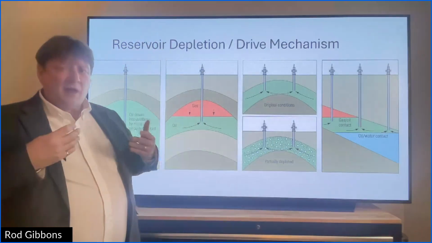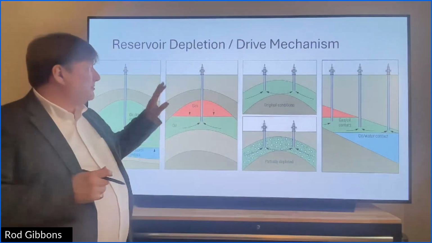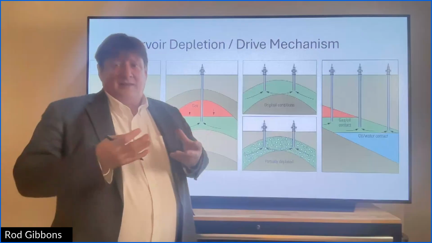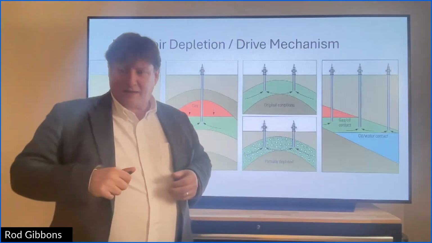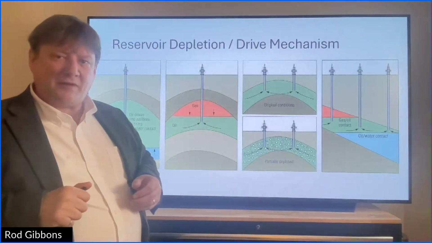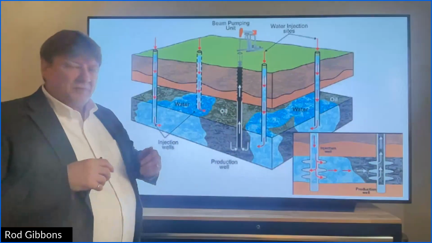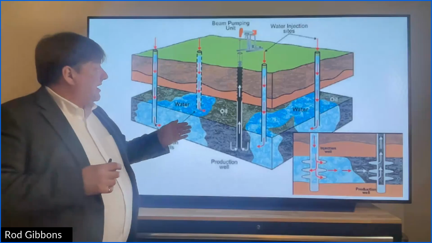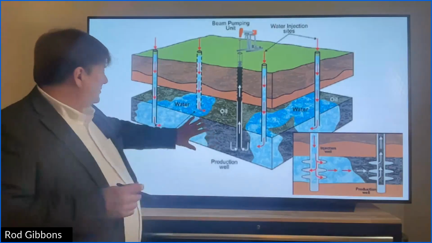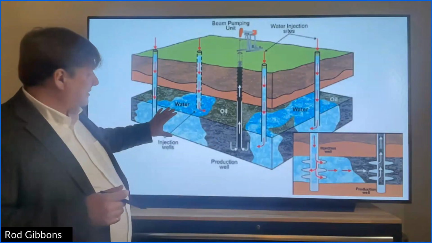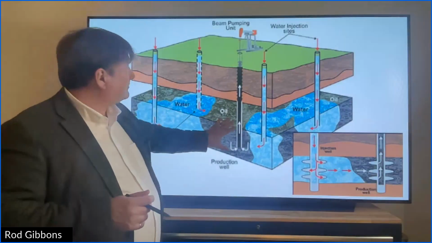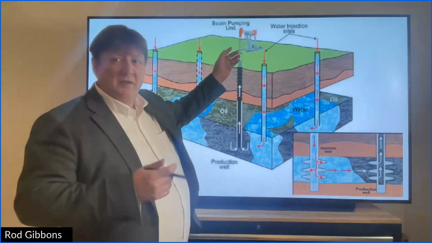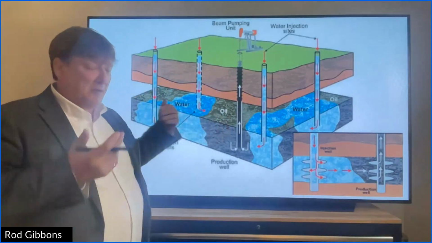A lot of times, the first stage is primary recovery, where you're just letting the natural pressure drive the oil out. Then you go to secondary recovery. In this cross section, you have oil, and here's your producing well, a beam pumping unit. A rod pump can be called a beam pump, or a pump jack.